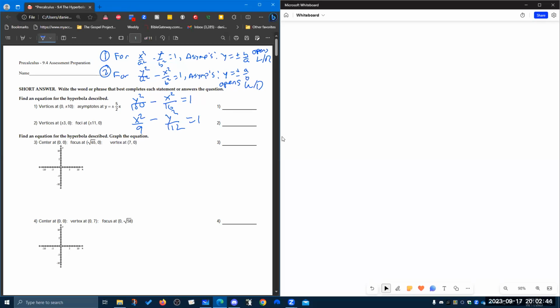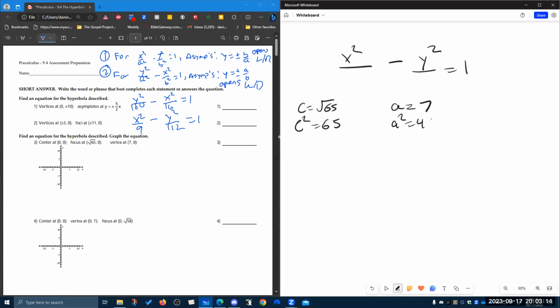And so we're going to have this first kind here, x squared over a squared minus y squared over b squared is equal to 1. And they tell us that c is going to be the square root of 65. So c squared equals 65. We have a vertex a equals 7. So a squared is going to be 49. And that goes here. And then 65 minus 49 gives me 16. And there's our equation.